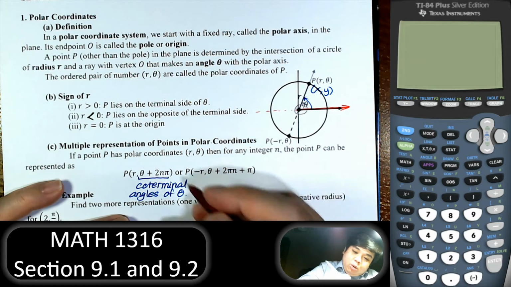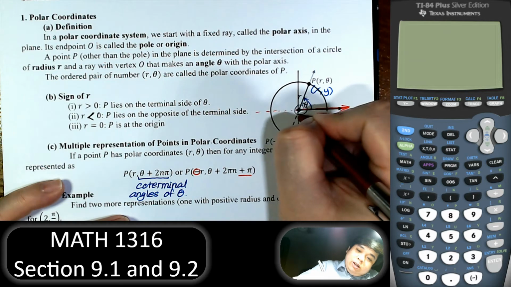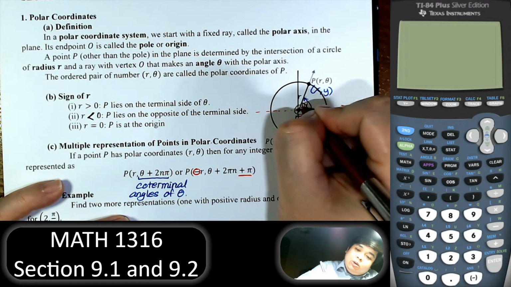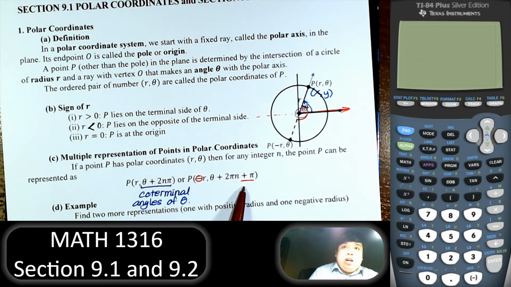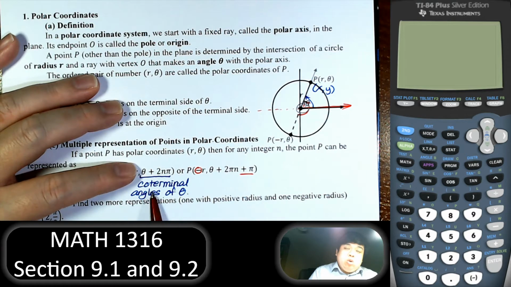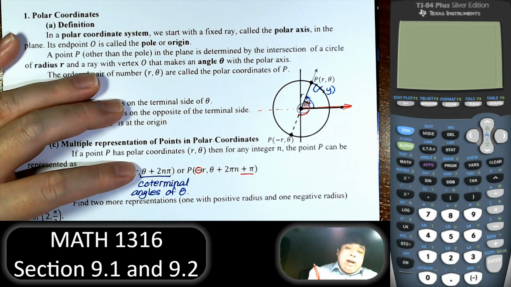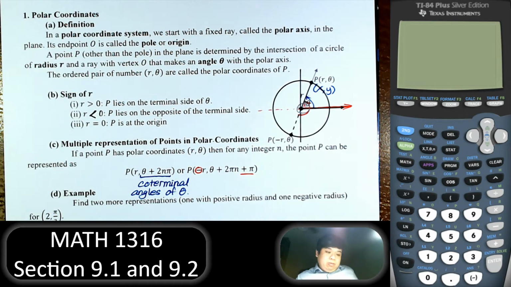If we want to go in the opposite direction, which is fine, we have to go a half revolution to get back to it. So that is a different representation. One way is we keep the r and get the coterminal angle. Another is we negate the distance, but we have to add half a revolution to turn it around.